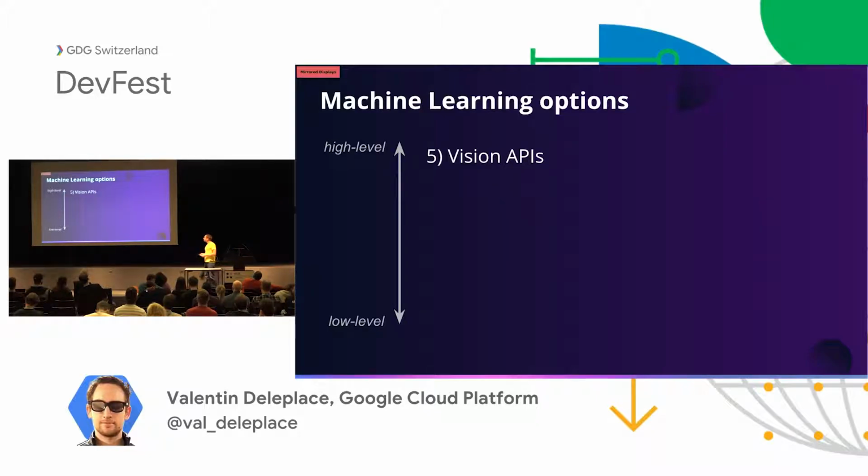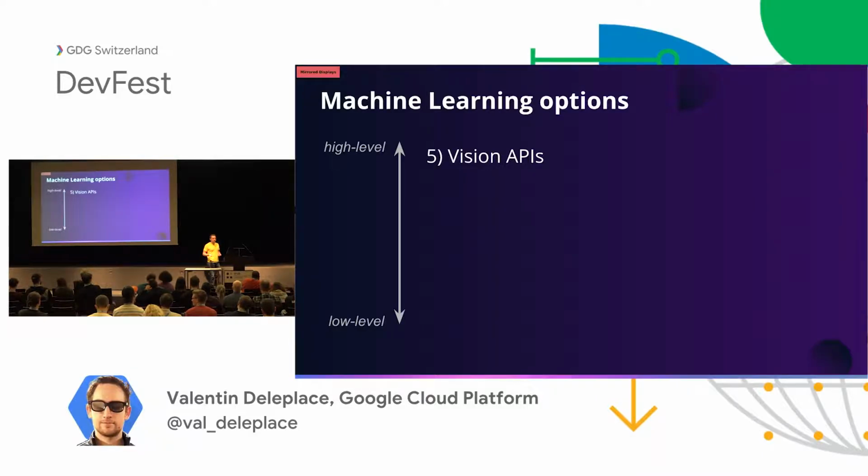Machine learning options. It's a spectrum. At the high level, I put Vision APIs. It's already available in Google Cloud Platform and in several other competitor solutions. What is it? You drag and drop a photo, and it tells you what it sees in the photo. It's a lot about telling you hot dog or not hot dog for any kind of pictures and giving you generic insight.